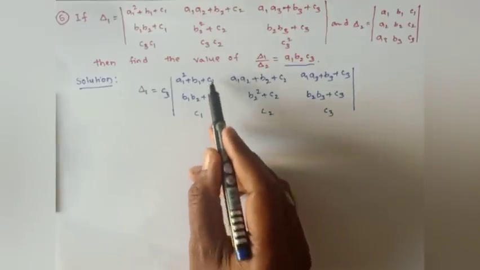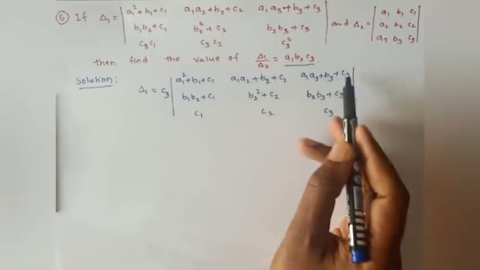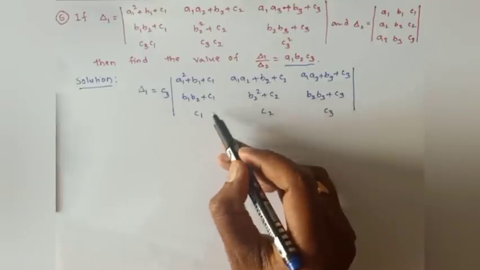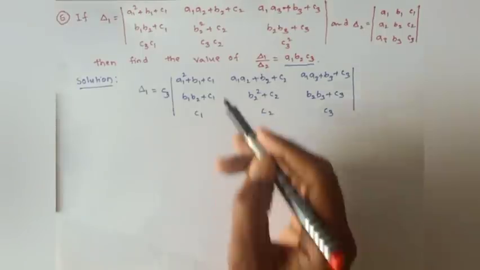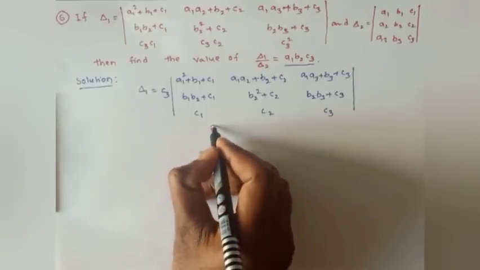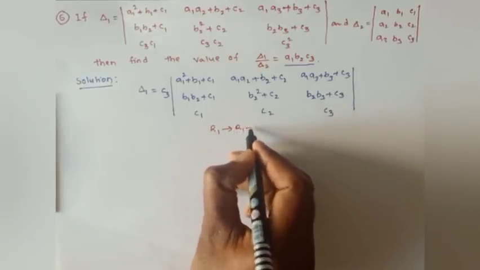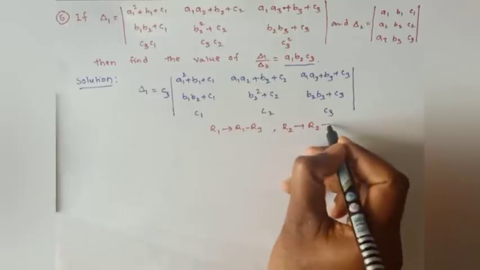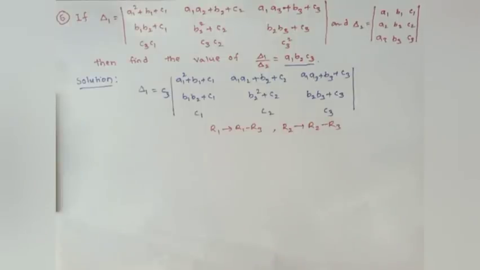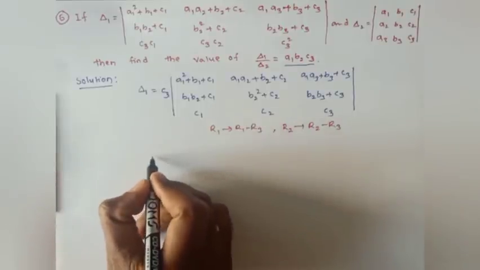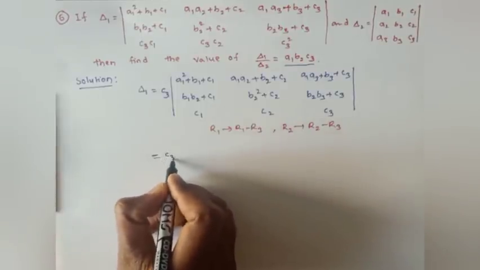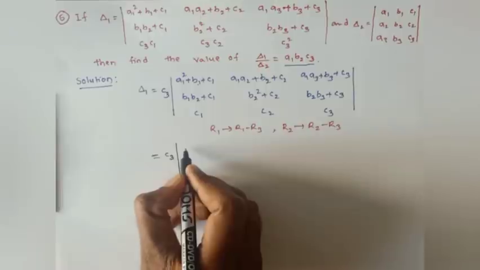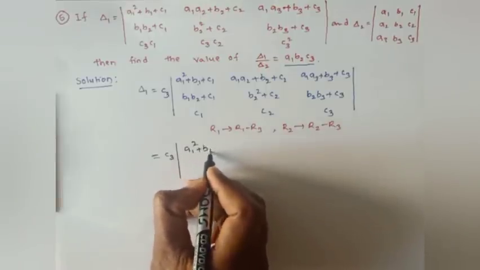So to remove these two things, C1, C1, C2, C2, C3, C3, we can subtract R1 minus R3 and R2 minus R3. So we remove these two things by applying row 1 minus row 3, and for row 2, minus row 3. Alright, now this is equal to C3 times of, then what happens: A1 square plus B1 plus C1 minus C1 means it is A1 square plus B1 only.